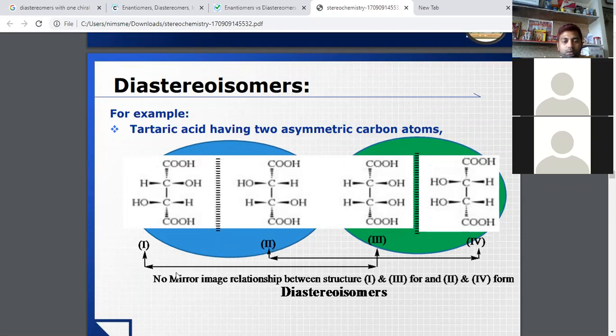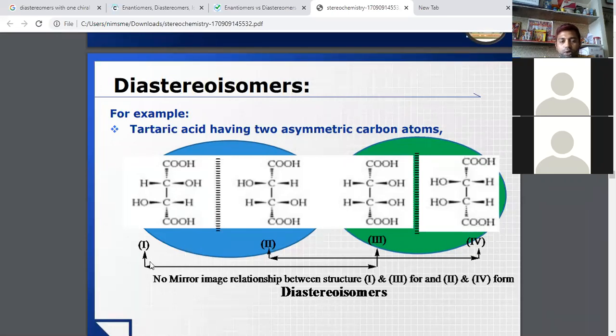Here we have structures first, second, third, and fourth.